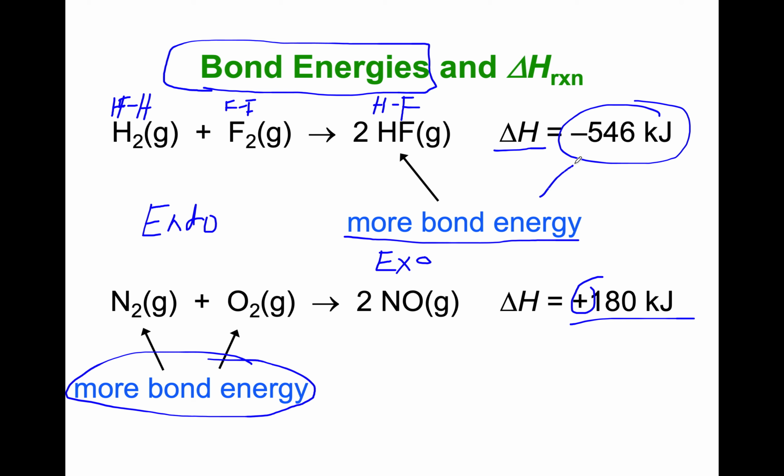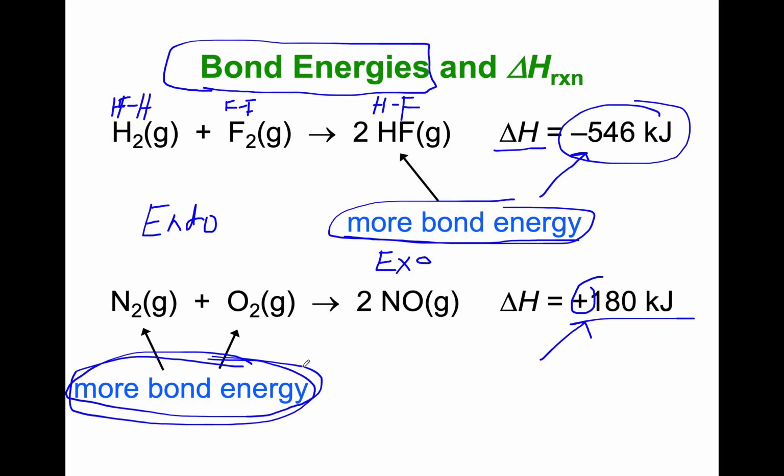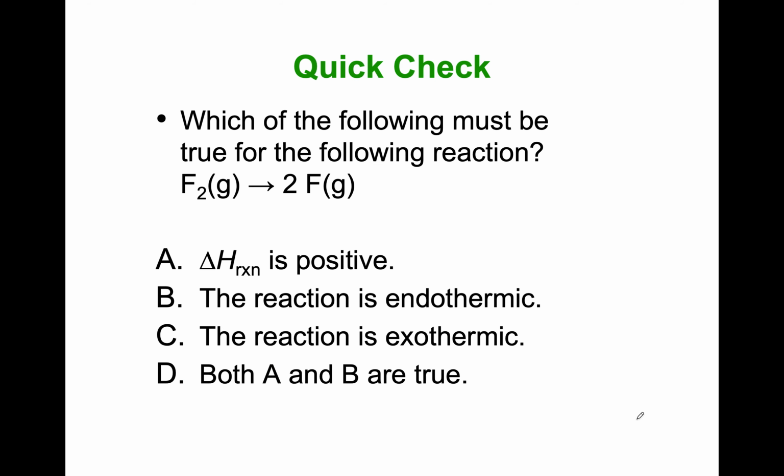So how you determine if it's negative exothermic for the reaction or positive endothermic for the reaction is the bond energy of products. That's greater, that's exothermic. Product or reactant energy, bond energy is greater, that's endothermic. So double check here, which of the following must be true for the following reaction?